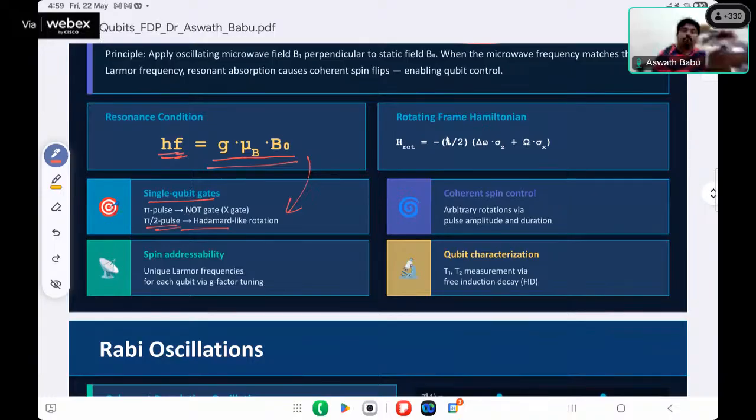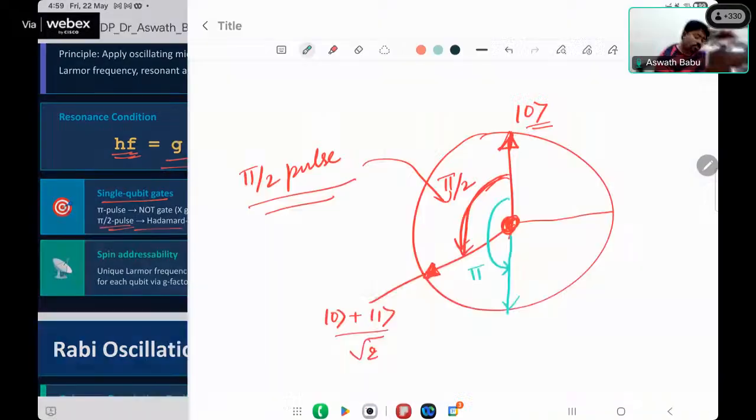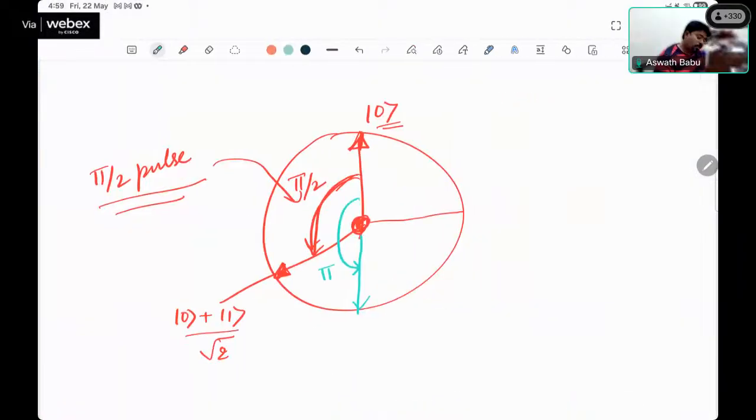There are arbitrary rotations also possible. What we do is take any pulse duration, sorry, pulse area, anything other than pi by 2 or pi. What happens? It will be at an arbitrary location here, or an arbitrary location here. In that way, I can have arbitrary alpha and beta values.